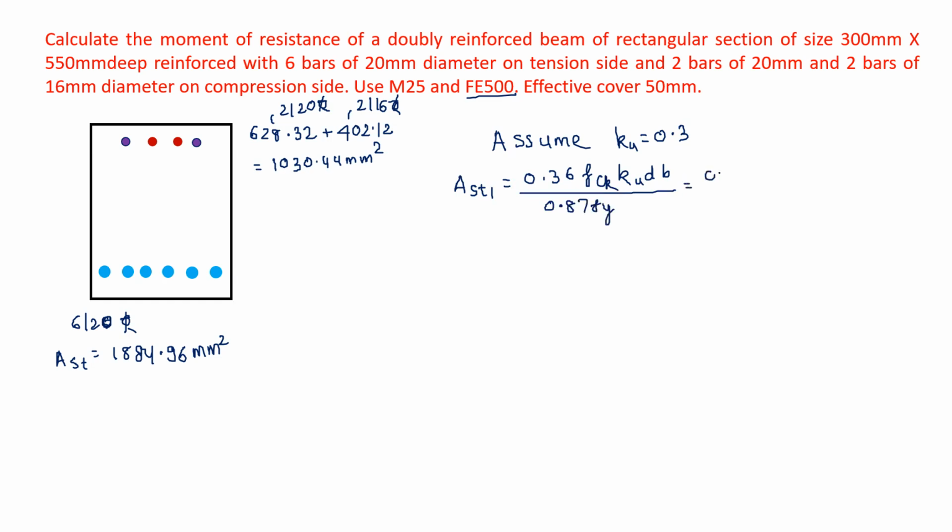We put in the values: 0.36, FCK 25, Ku 0.3, D 500 because overall depth is 550 and cover 50, so 0.3 into 500, and B is 300, divided by 0.87 into 500. From this we get AST1 equal to 931.03 millimeters square.